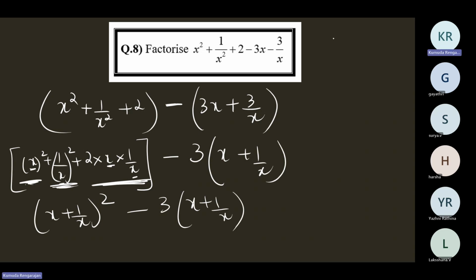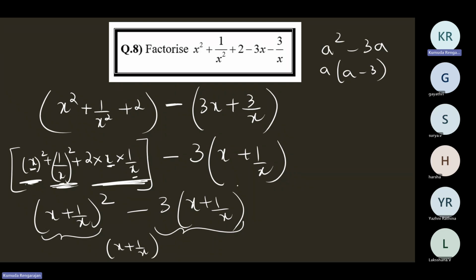Now, consider the situation. If you have a squared minus 3a, what is common? A is common. Then in the bracket, you will have a minus 3. In the same way here, this is the first term, this is the second term. Here you have x plus 1 by x, here you have x plus 1 by x the whole square. So what is common? x plus 1 by x is common.